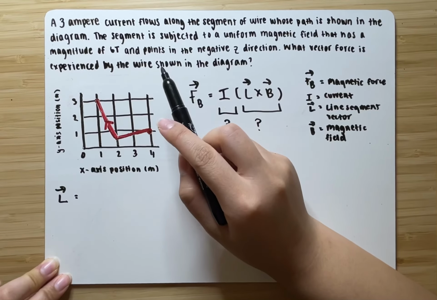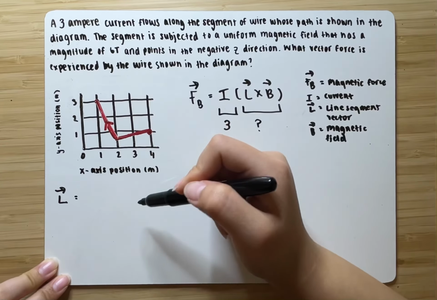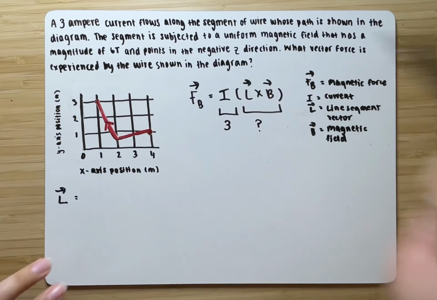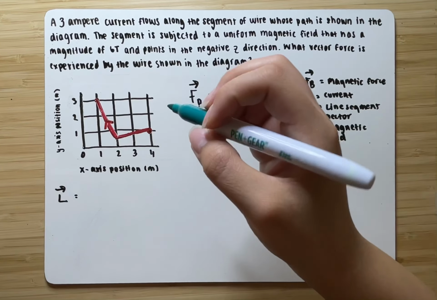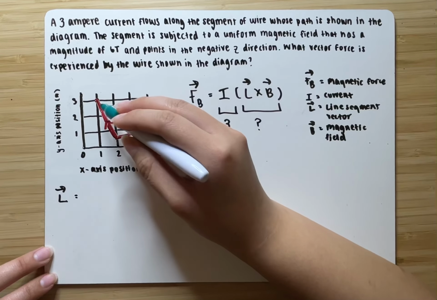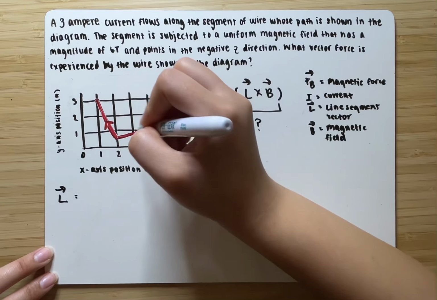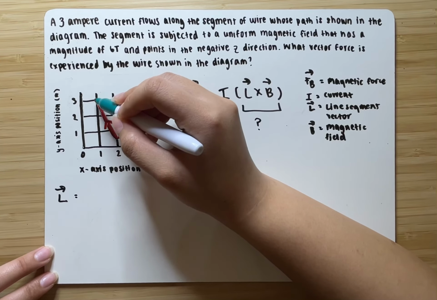This problem states that the segment of wire's path is shown in the diagram. So this is the diagram and the path is shown, which means that if we draw a line from these 2 points, it's going to give us our line segment. So we have a point 4 and negative 4 and 1 here, and 1 and 3 here.